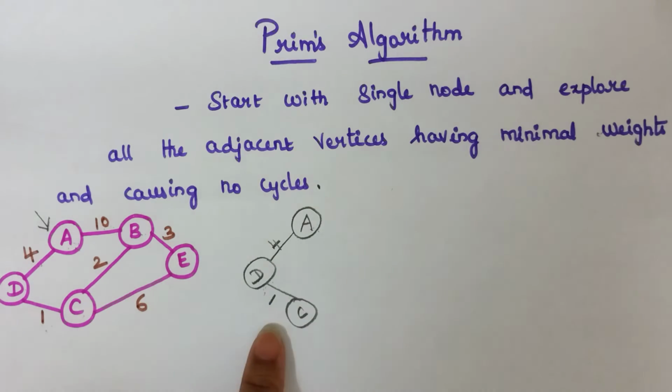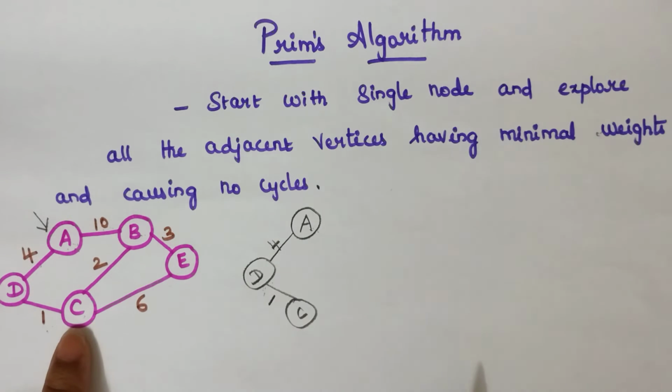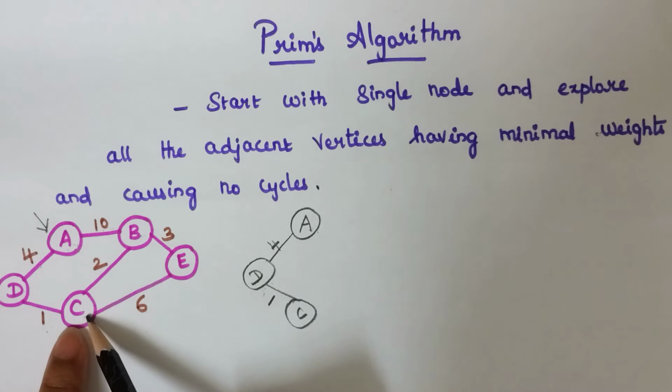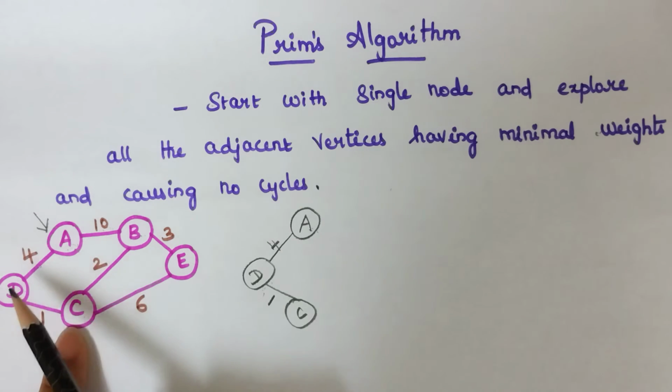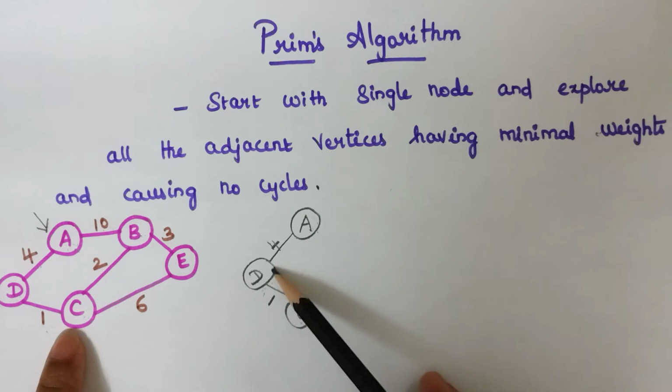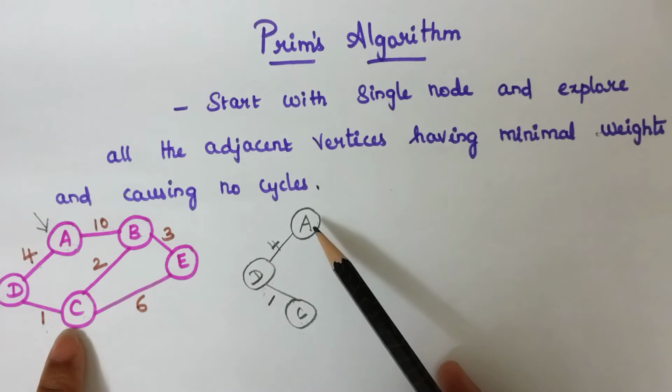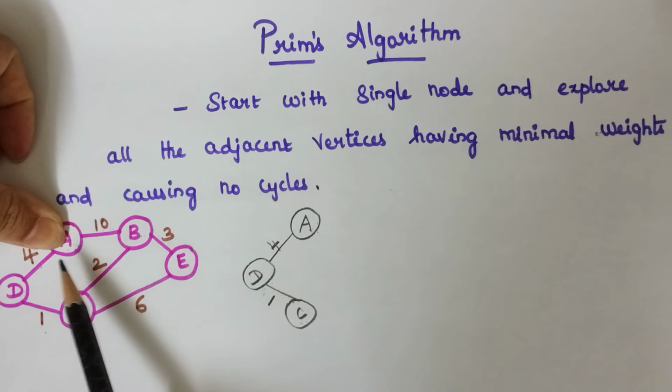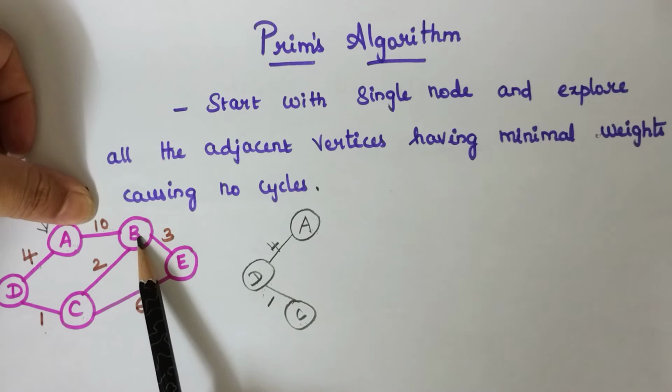I can choose this value now, right? Now coming to the next step, what should I do? I should check the adjacents of A, D and C. Coming to A, the adjacent is again B with weight 10.